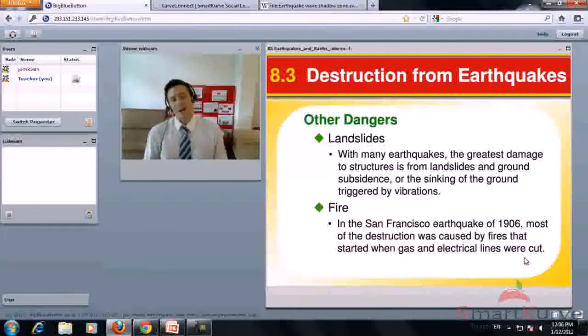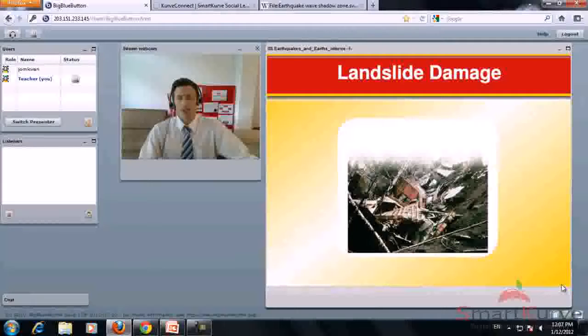When that happens, you can have short circuits, down power lines, broken, leaking gas. All of that can cause fires. So that's another big danger from earthquakes. A major danger. On the next slide, we see a really nasty looking damage from a landslide.